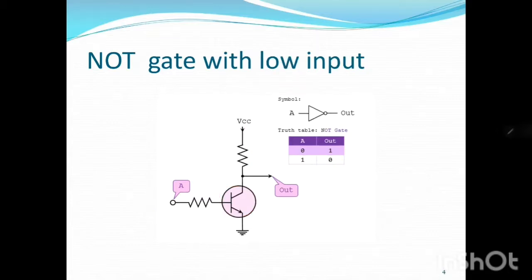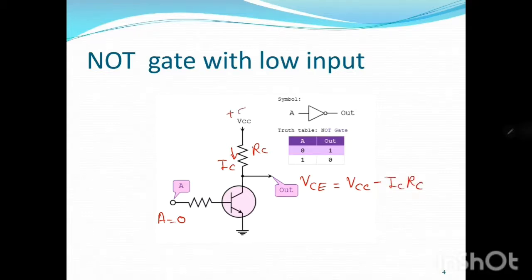In the second case, when input is low, means A is equal to 0, the current flowing through this resistance RC, that is IC, is 0 and therefore output voltage VCE is equal to VCC minus this IC RC drop.